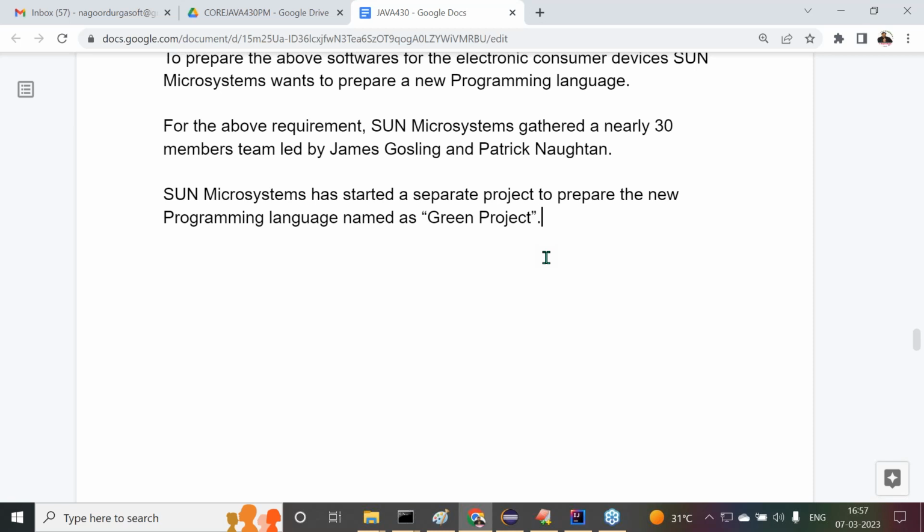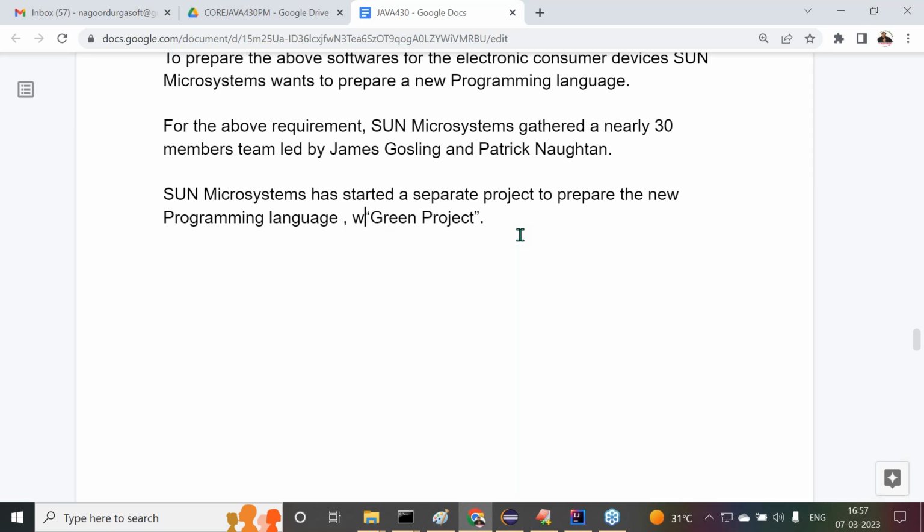What's the project name? Green Project. With the 30-member team, Sun Microsystems started a separate project to prepare a new programming language. That means the project name is Green Project. Here the project name, okay, one minute.